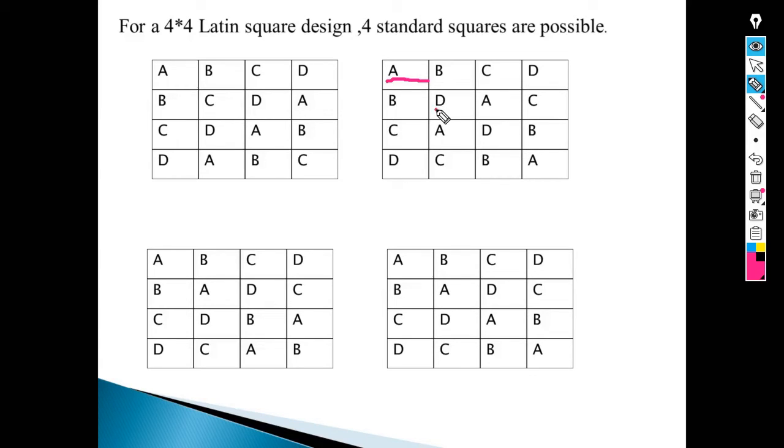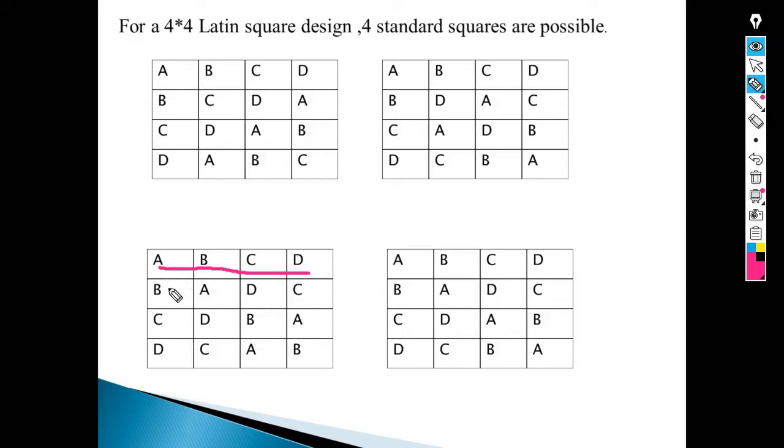So here we assign D, A, C, then A, D and B, and here C, B and A. If we observe this column and this row, we see that one treatment occurs only once. Similarly, we get our third design, that is A, B, C, D.